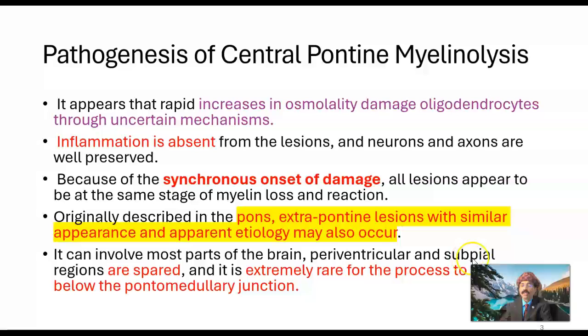Periventricular and subpial regions are spared, and it is extremely rare for the process to extend below the pontomedullary junction. So it usually does not happen in the medulla oblongata or in the spinal cord. It happens mostly in the pons, maybe in the midbrain, maybe in the cerebrum.